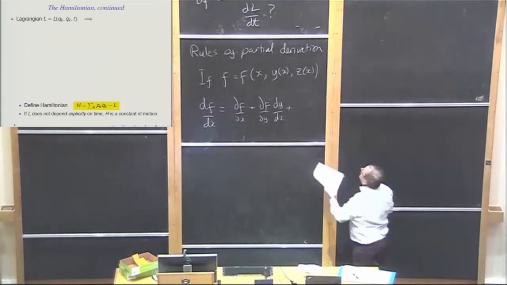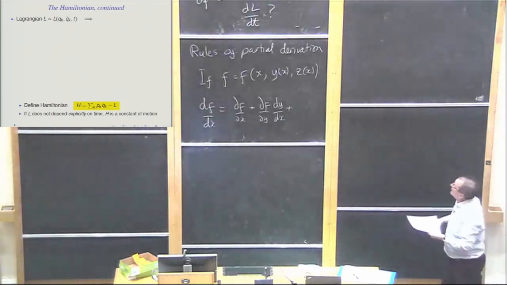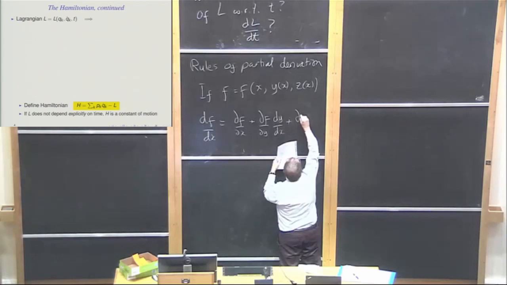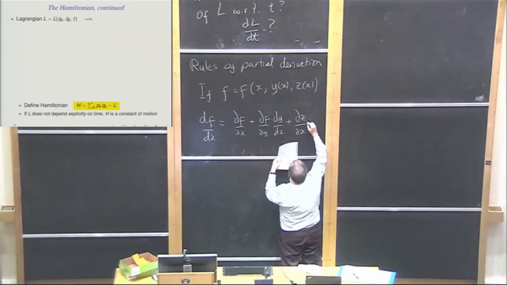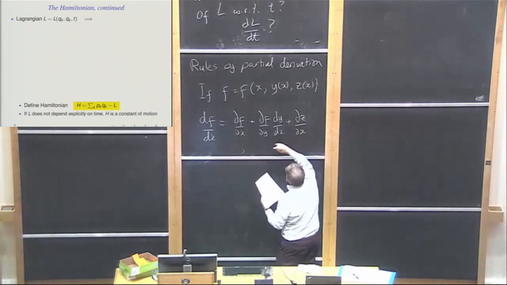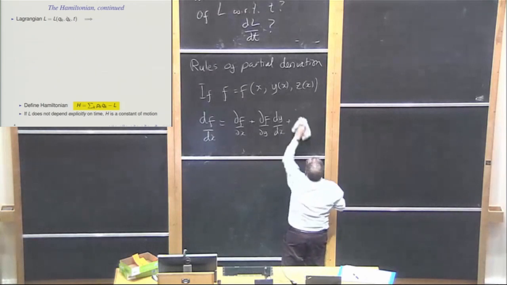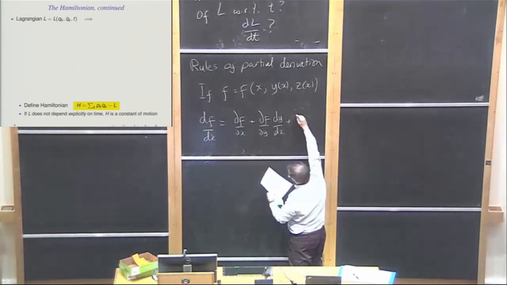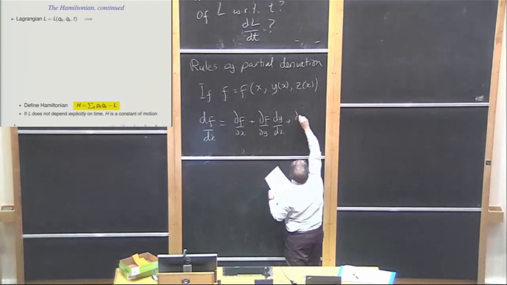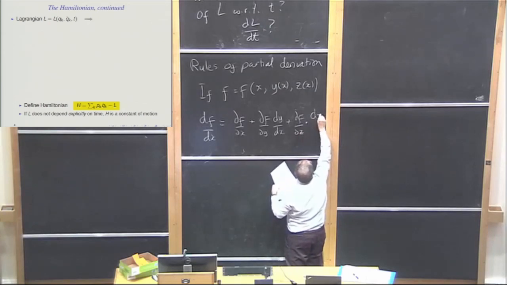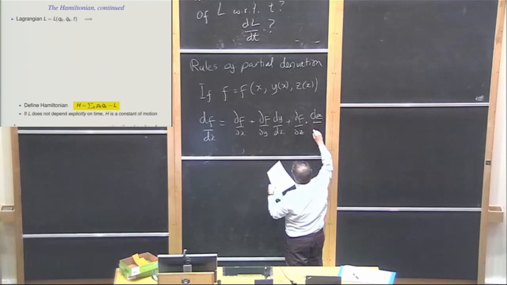We write in that term because y is just a function of x, plus the partial derivative of f with respect to z multiplied by dz by dx.